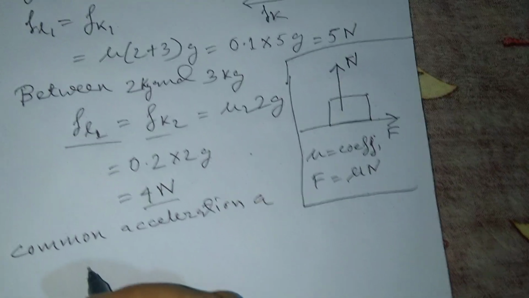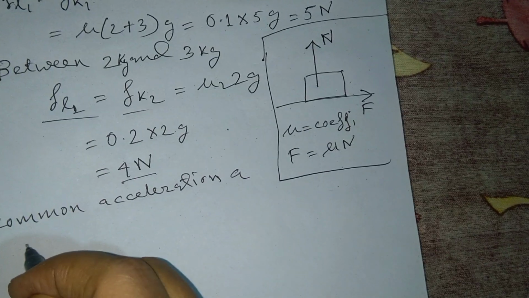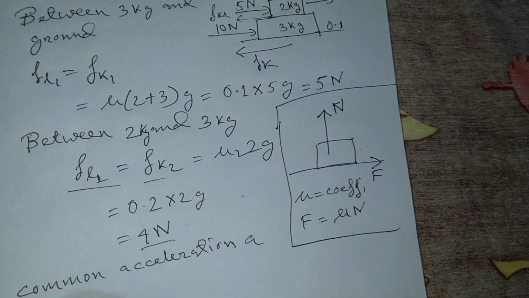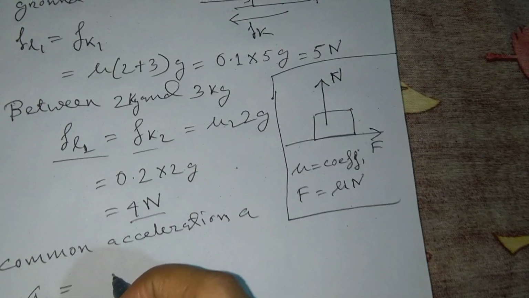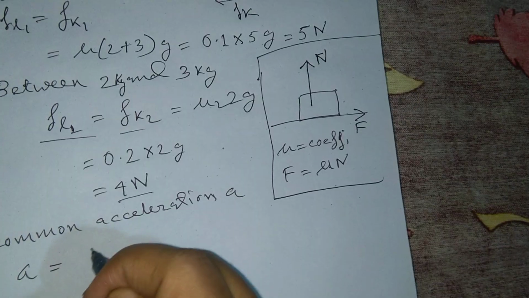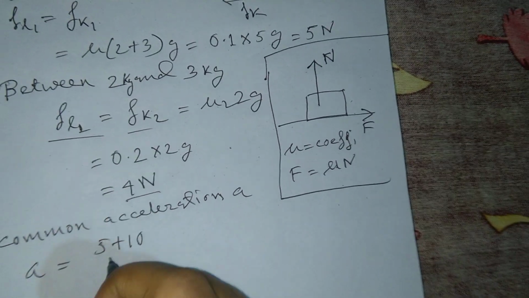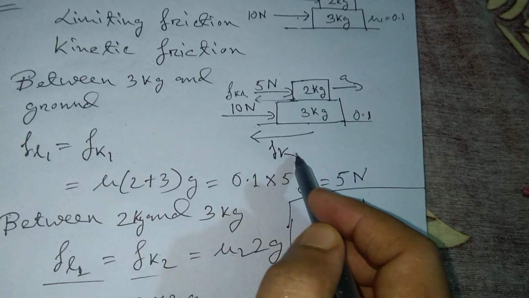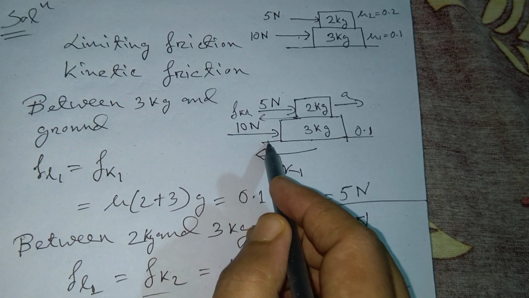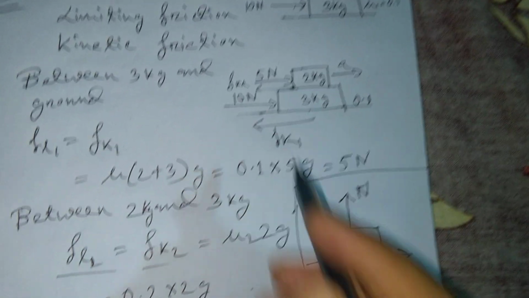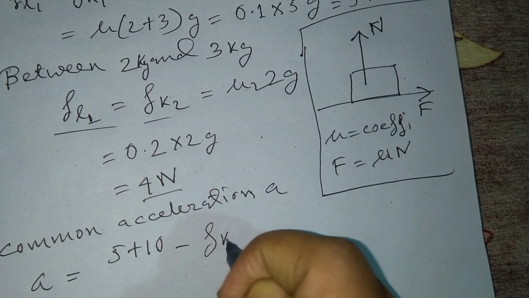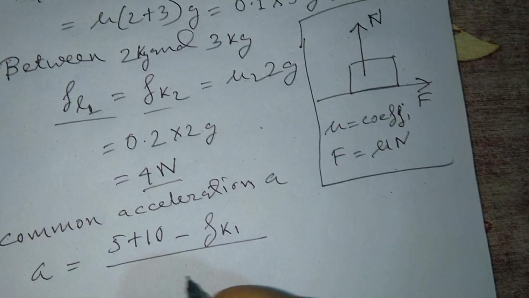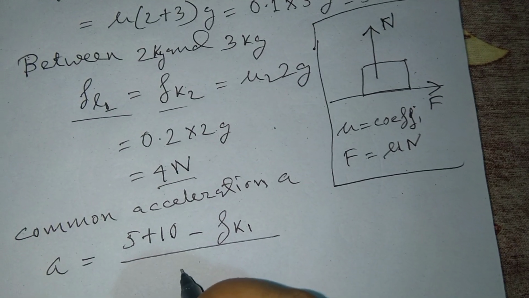So A is equal to total force minus frictional force, divided by the mass. My total force is 5 plus 10 minus Fk1, because Fk1 is the frictional force in this direction.